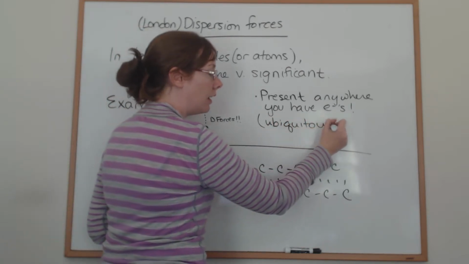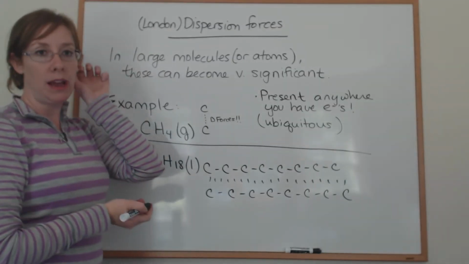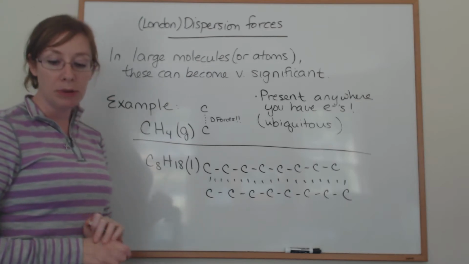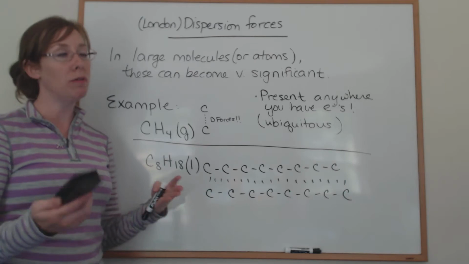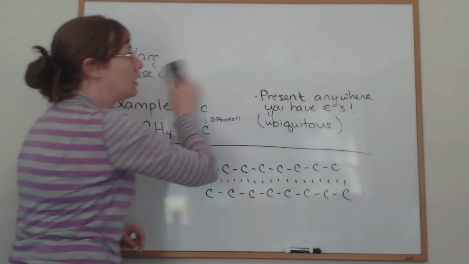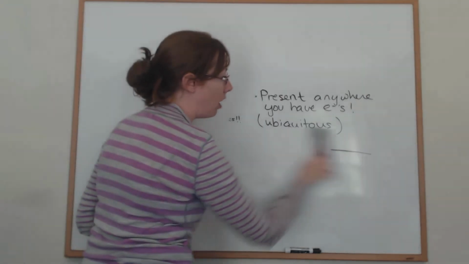Ubiquitous comes from the Latin words for everywhere all the time. So every molecule and every atom will display dispersion forces. However, the larger the molecule, the more significant they become. So hopefully I explained that good enough. That was the bit about dispersion forces. That probably will take the longest time out of all of them.